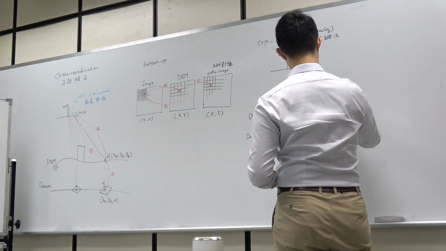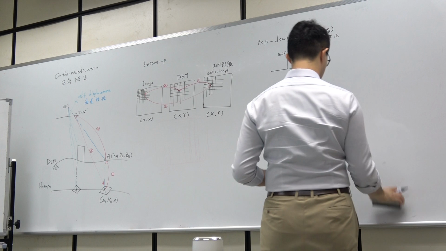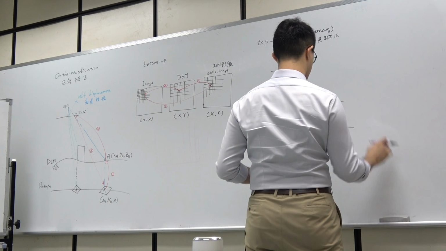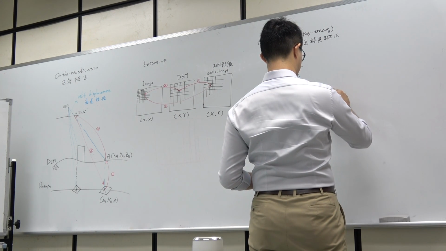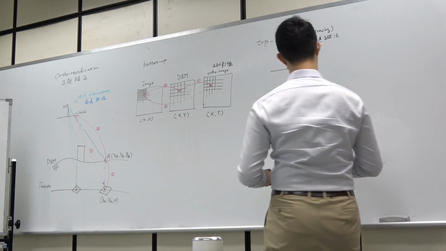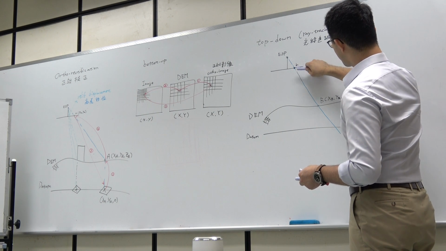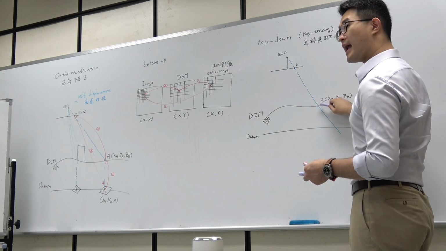And that's the B point with the XB, YB, and ZB.